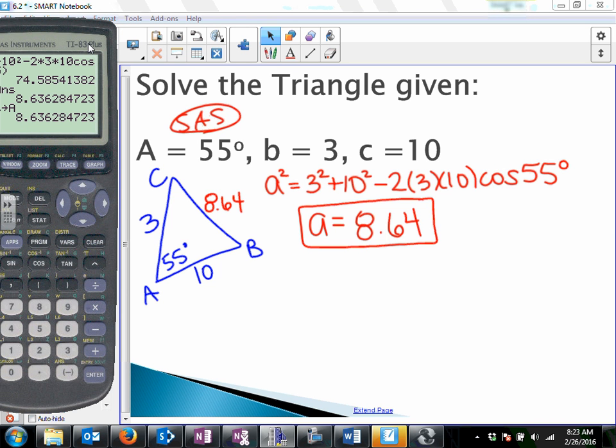So if you switch to the law of sines on a side angle side problem, that is fine, but be careful. Because you know that the law of sines, that first angle that you find with it, it could be an acute angle, it could be an obtuse angle.